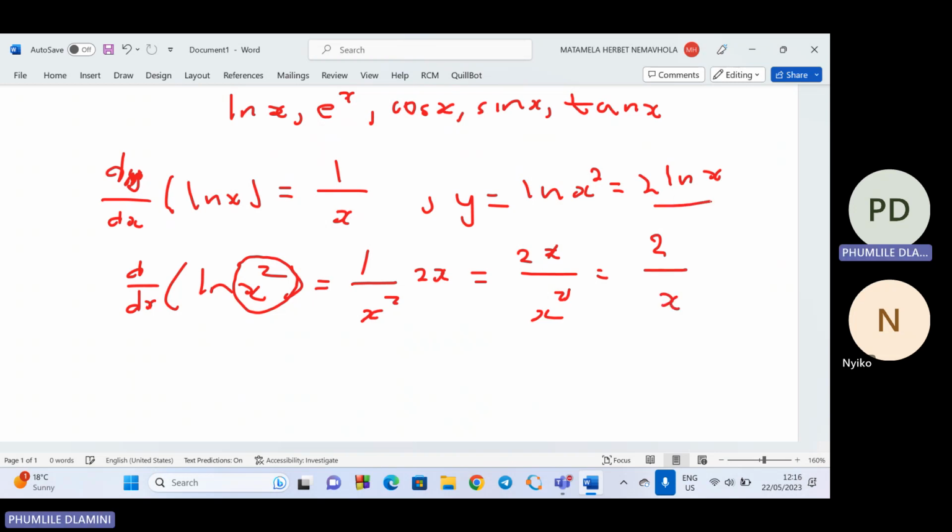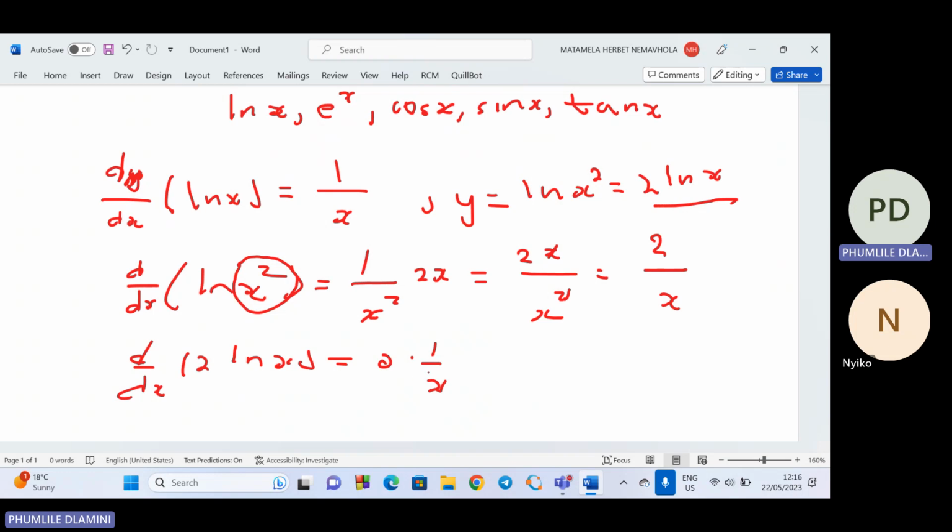If you use the other form, then when we differentiate d over dx of 2 ln x, this is equal to 2 times 1 over x, because a constant, a number, we can take out of our differentiation.